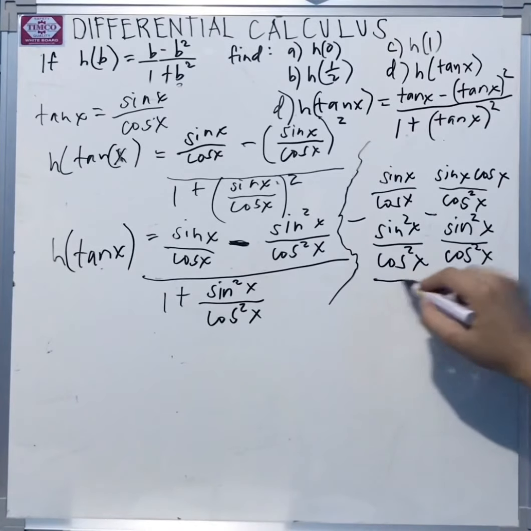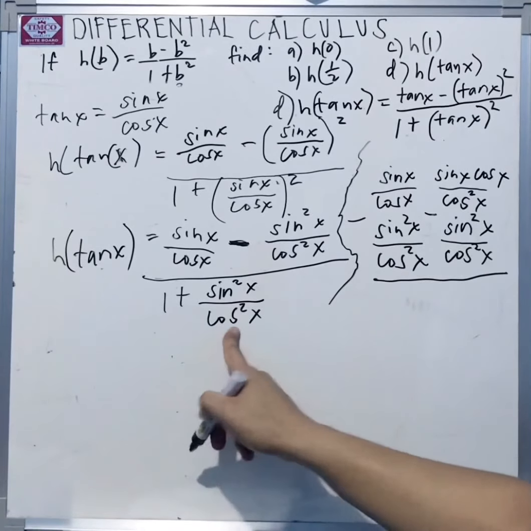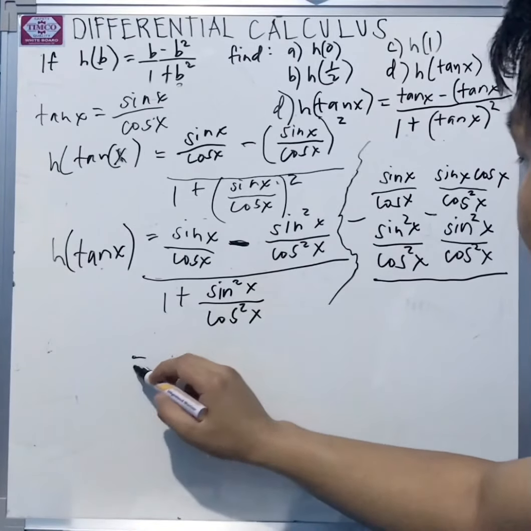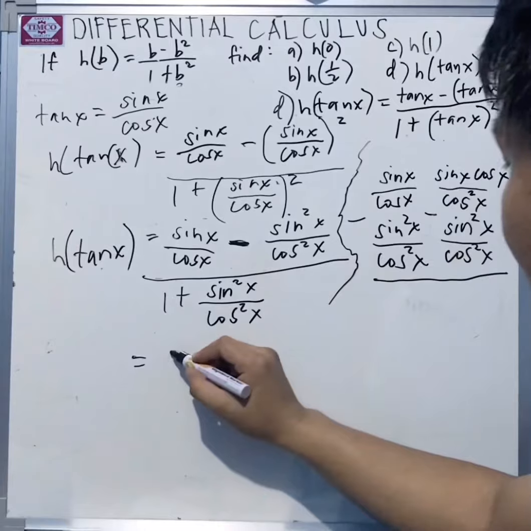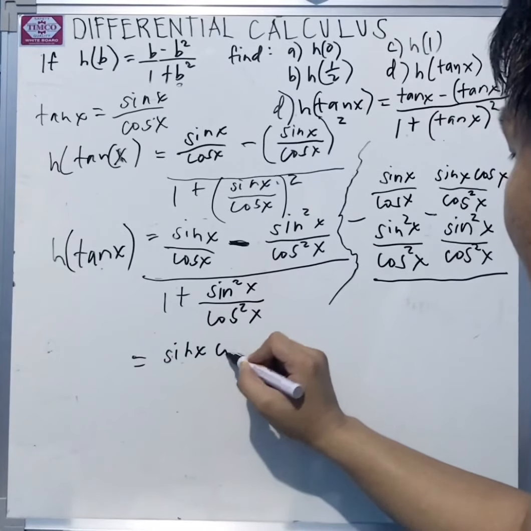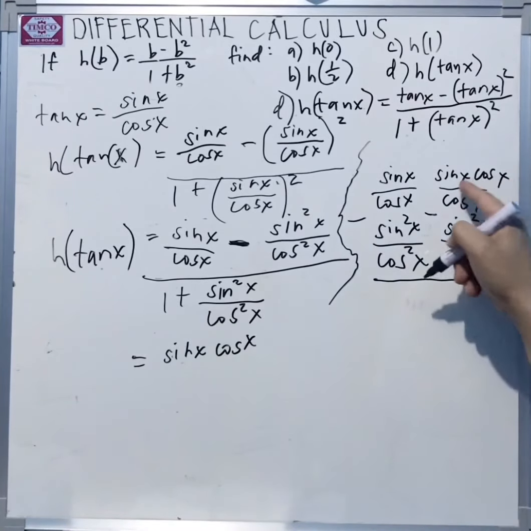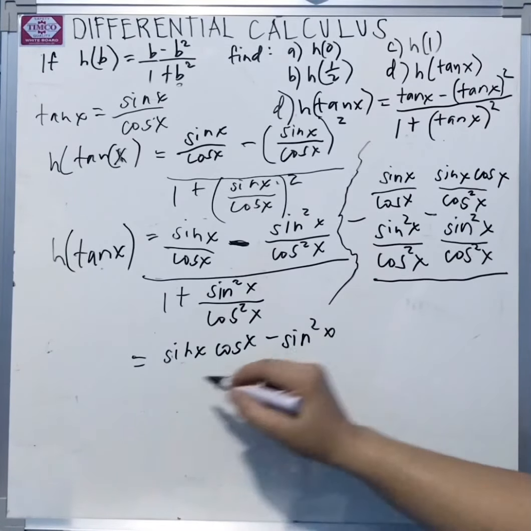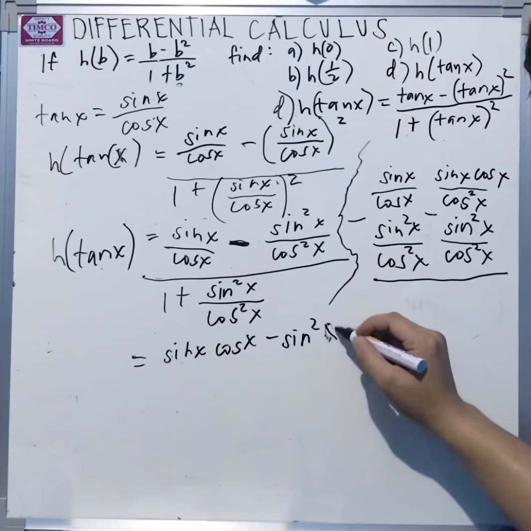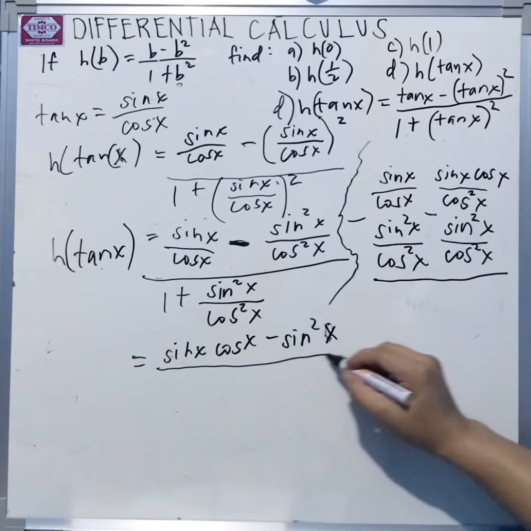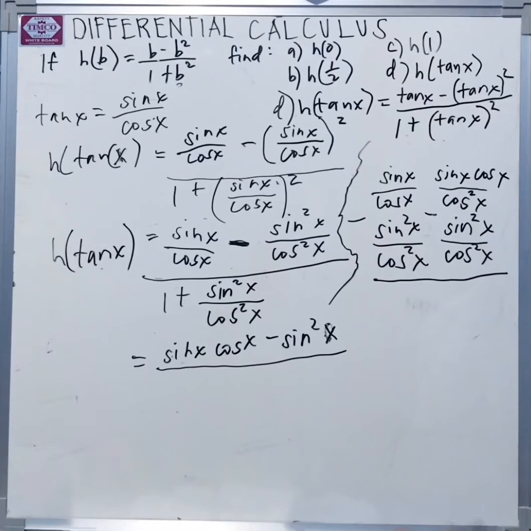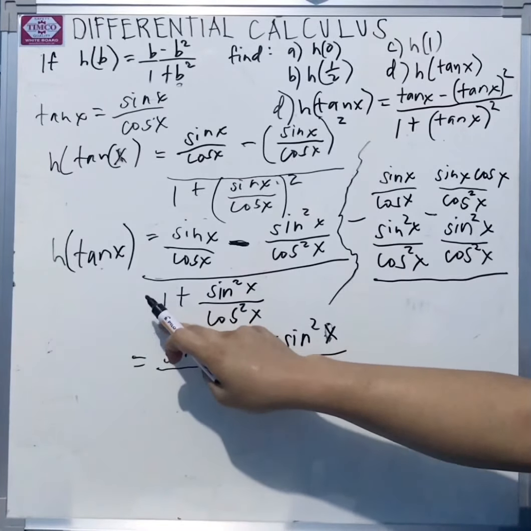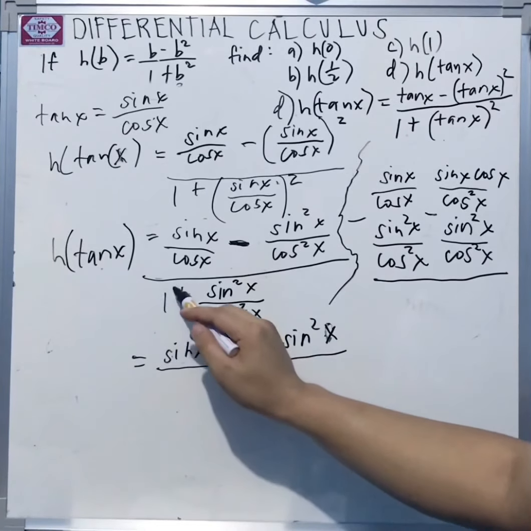So equal siya sa, dito na natin ilagay, yung sinubtract natin. Sin x cosine x minus sin squared x all over, ito rin, di ba? Pag whole naman ito, whole na 1 yan.